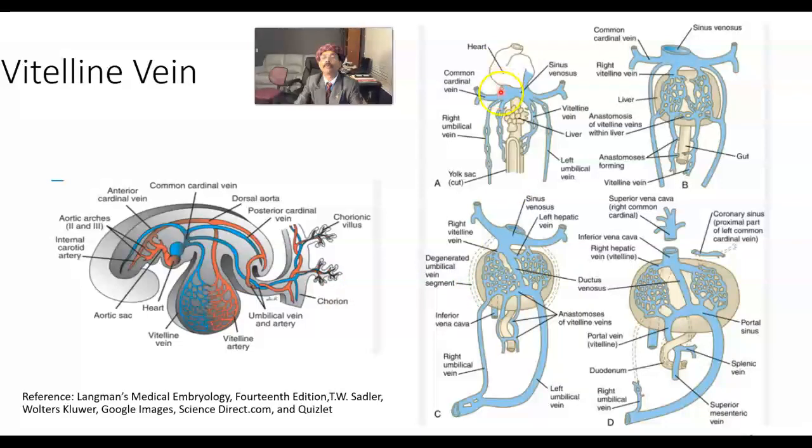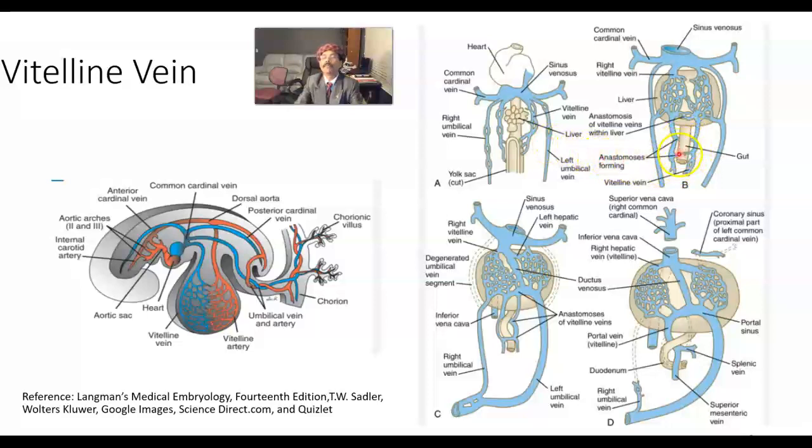This is the primitive heart, receiving three major veins: the common cardinal vein, the right and left umbilical veins, and the right and left vitelline veins. This is the duodenum.